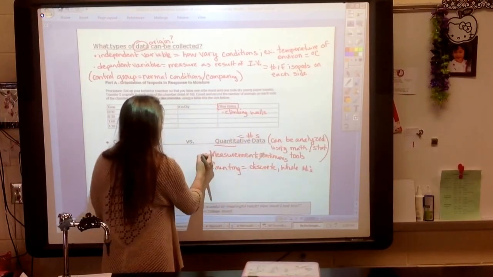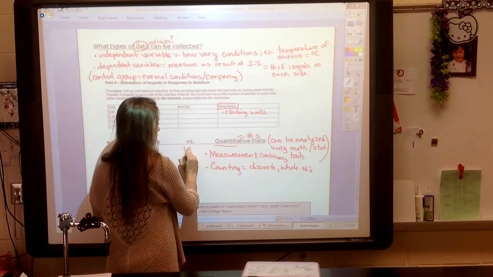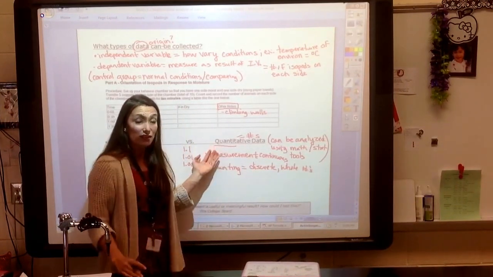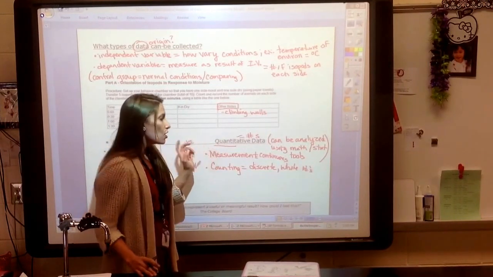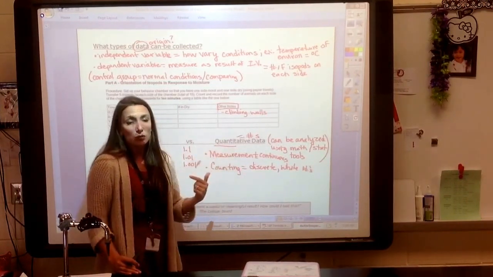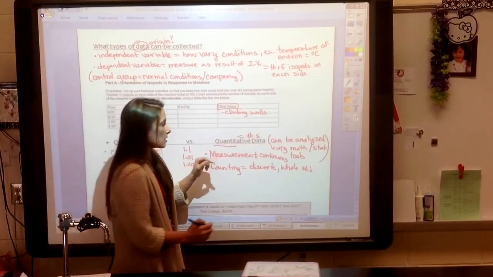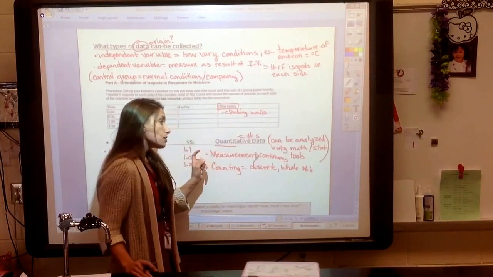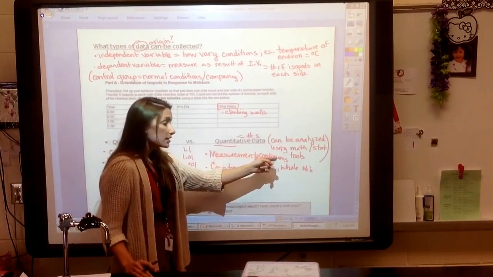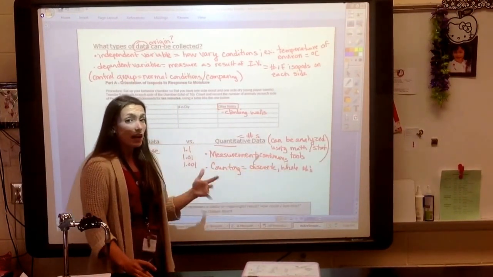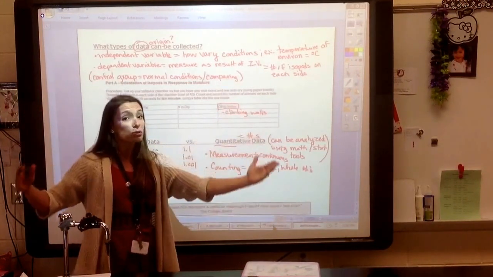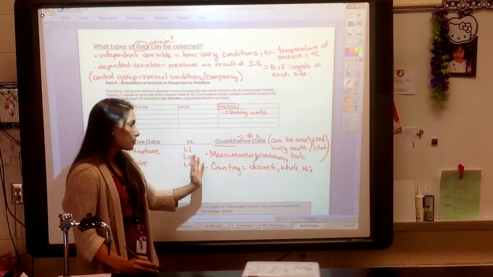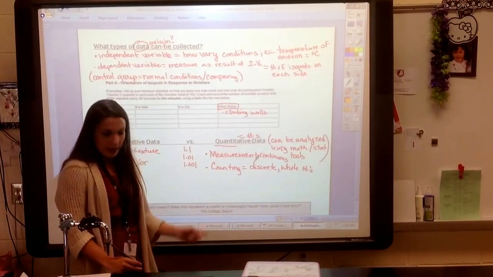And this could be, for example, 1.1, 1.01, 1.001. This is where significant digits will come into play. Measurement data are continuous, and this is much more valuable because we can look at the distribution of data. And so we will this year be using a lot more measurement, but we're starting this year by counting.